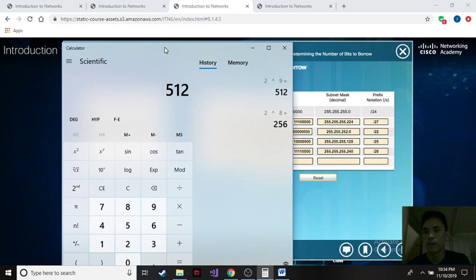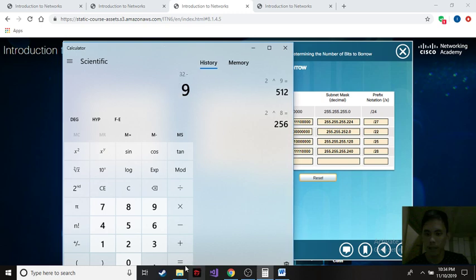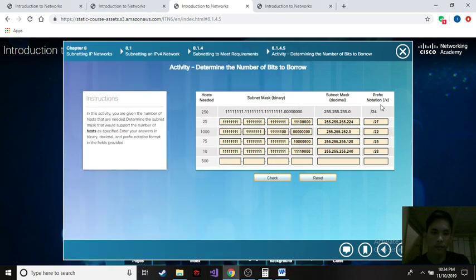So 32 minus 9 is equal to 23. So our prefix notation here will be 23, and then 23 ones, 8, 16, 17, 18, 19, 20, 21, 22, 23, then 0.